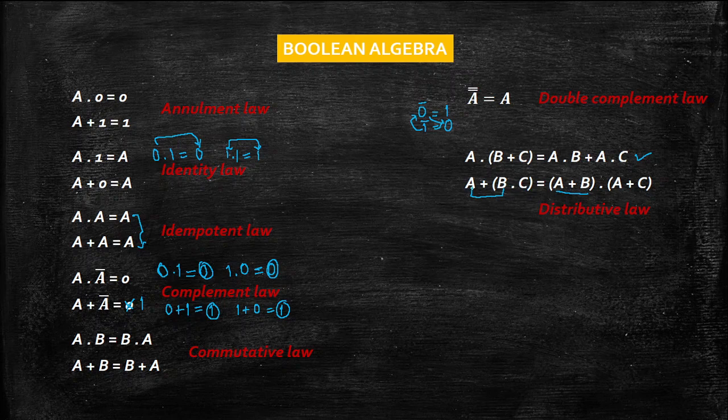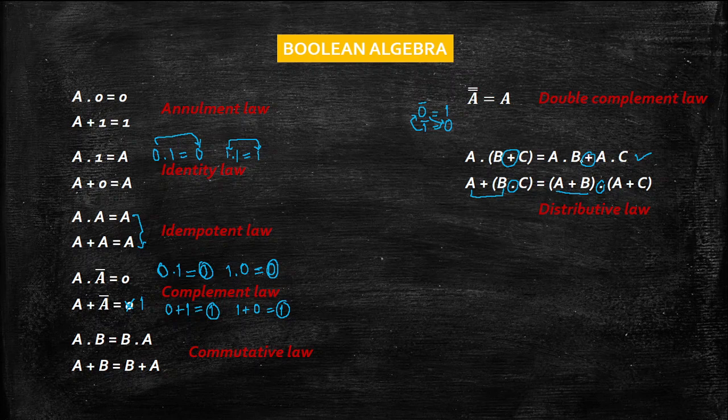So A is added with B first, then A is added with C second. This is called the distributive law, in which OR logic is distributing over the first bracket and the dot, that is AND logic, is distributing over the second bracket. Between the two there is a dot, and here between the two there is a plus sign.